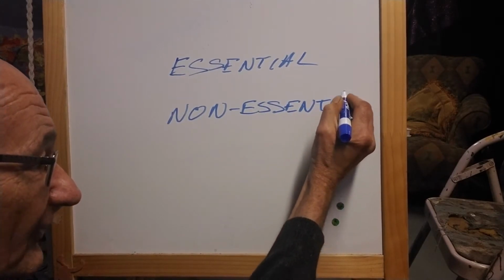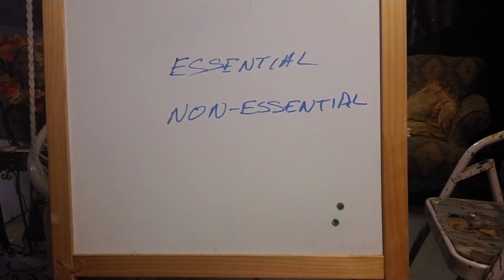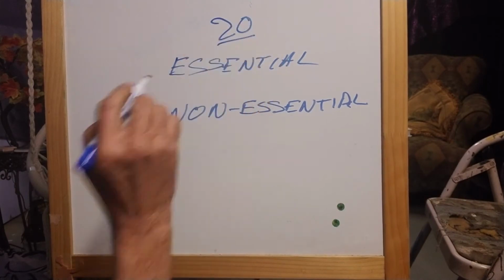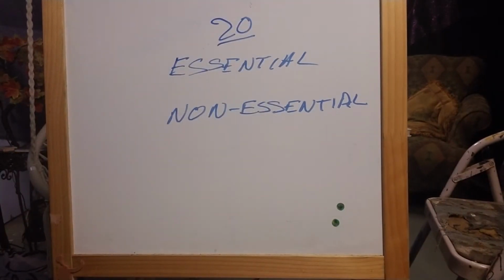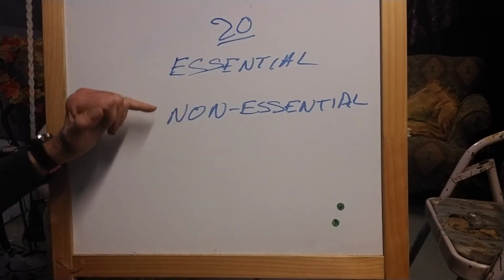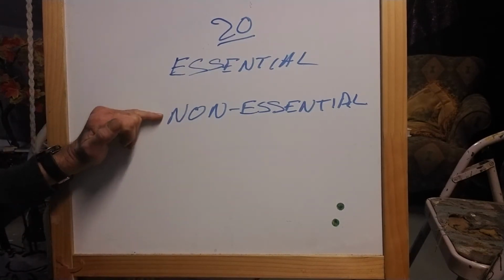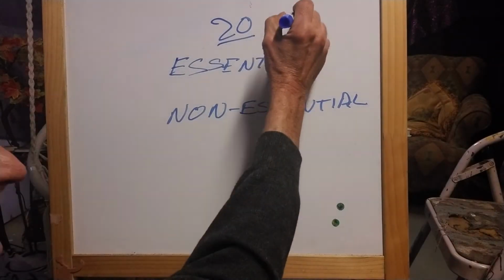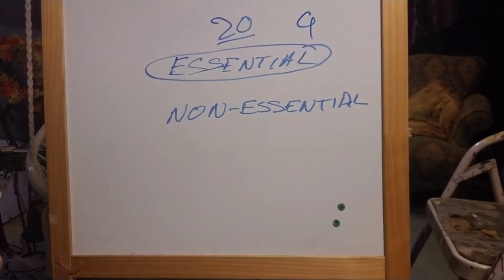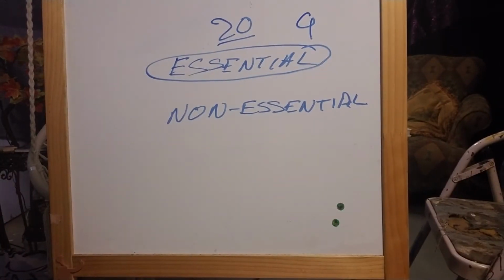Now, I've got to say this right off the bat. You may have heard the two terms, maybe. There are about 20 of them that are important for human life. They are all essential. But in this definition of essential and non-essential, there are about 9 of them that are essential, in that you must take them in via food. Your body cannot make them.